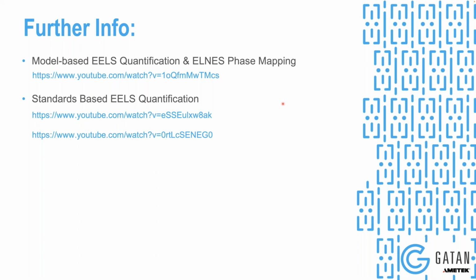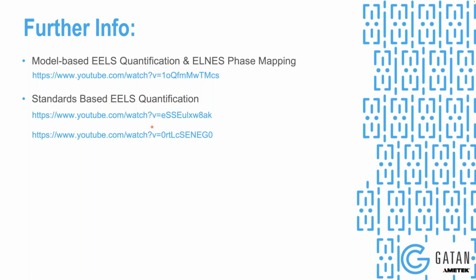Your standards-based quantification webinar would give you a step-by-step process of how to create the individual maps, like they did in that paper from our friends in China with the linear dust sample. I think one of these would be the best to use as a recipe.